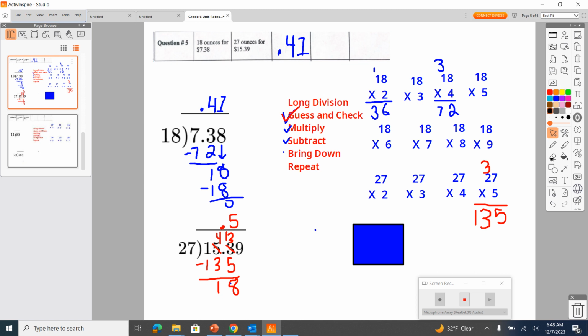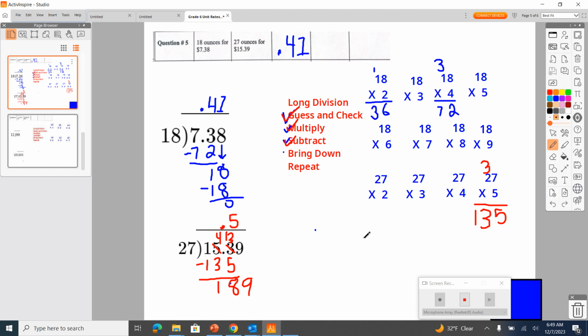So let's concentrate on what we're doing now. So I've done my multiplication, I've done my subtraction. Now I need to bring down this 9. And I need to guess and check how many times 27 can divide into 189. So I'm going to come over here and I am going to guess and check something else. I'm going to guess and check 8.